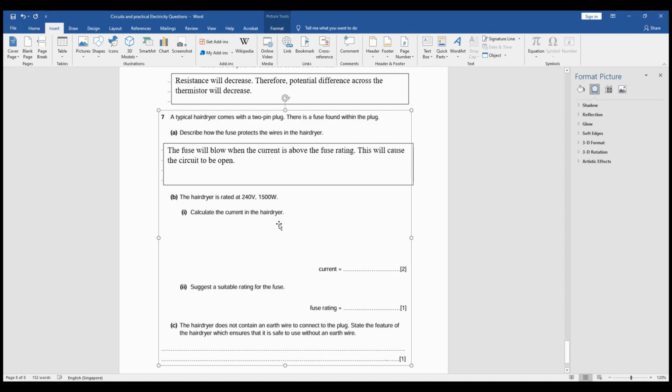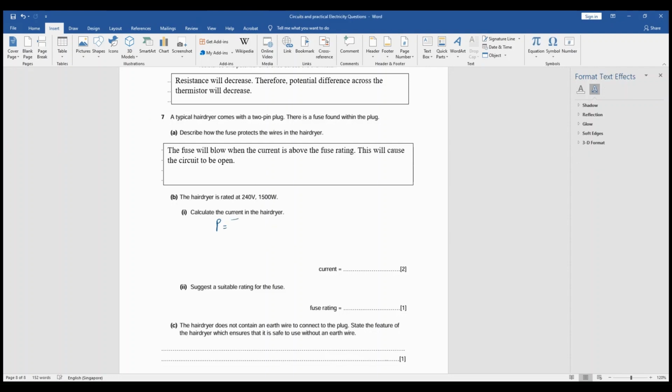Calculate the current in the hair dryer. So again, very easy. P equals IV. So 1500 equals I times 240. So I will be equal to 6.3 ampere. Okay, suitable rating.